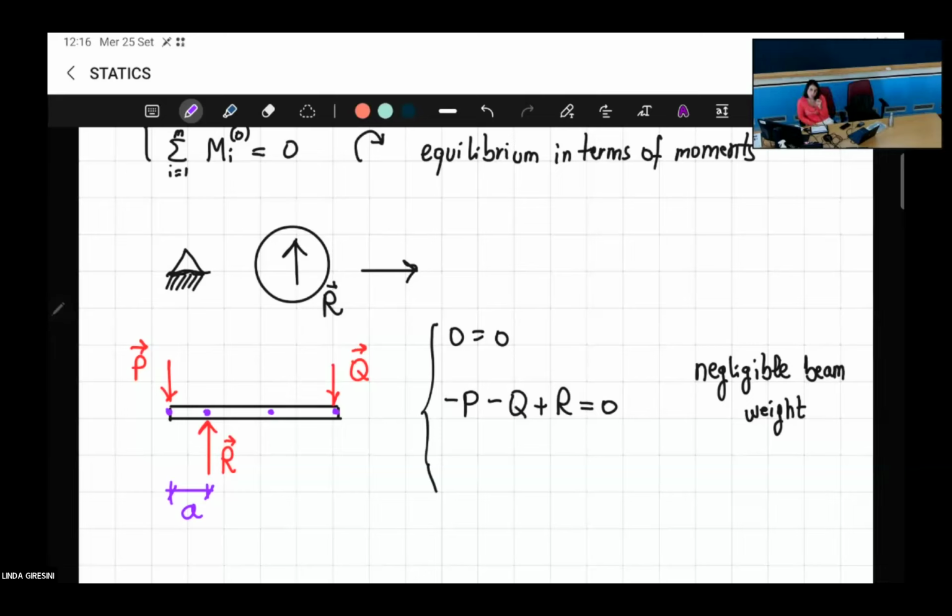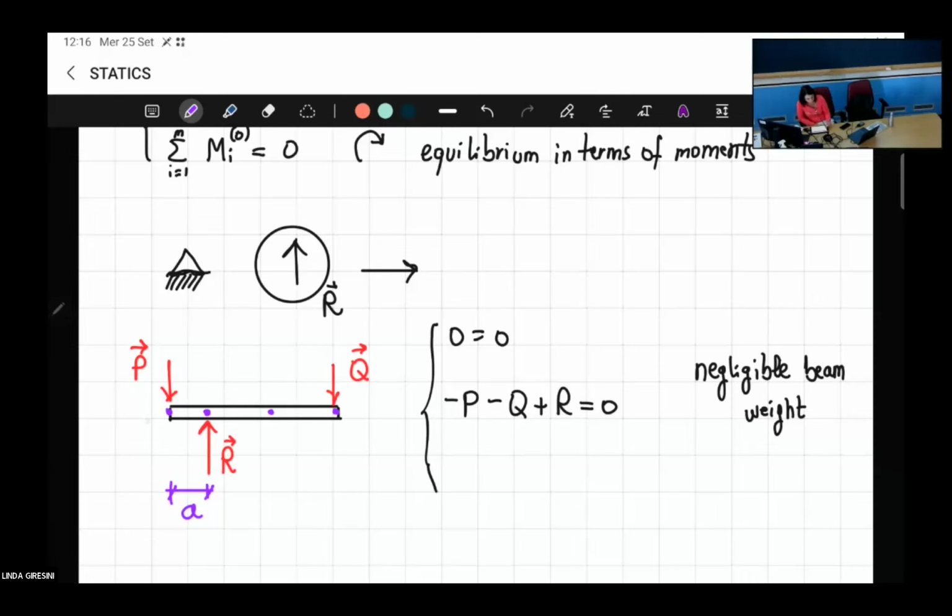You should choose a point that vanishes at least one force, possibly many forces. So the smart solution is to choose either a point through the line of action of P, or through R's line of action, or Q's. One of the three. Okay?